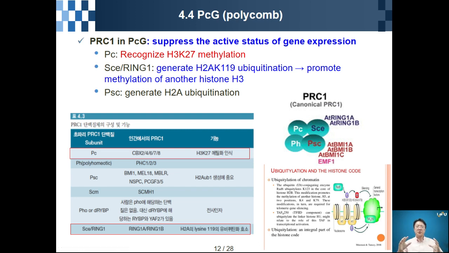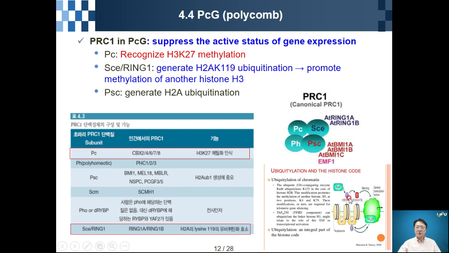Histone H2A is composed of several amino acids, and at the 119th location, K is lysine. Lysine is located there, and Sce/Ring1 generates ubiquitination of H2A K119.